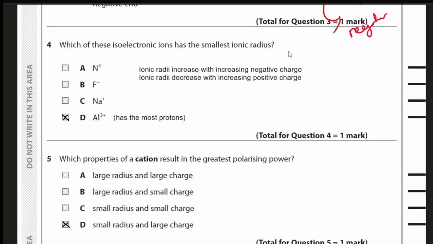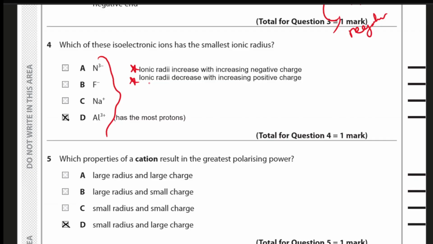Now they said here, which of these isoelectronic ions has the smallest ionic radius? Isoelectronic basically means all of them have the same number of electrons, regardless of whether it's a cation or an anion. Now, always remember one thing, that the ionic radius increases with increasing negative charge, and also remember another thing, that ionic radius decreases with increasing positive charge.